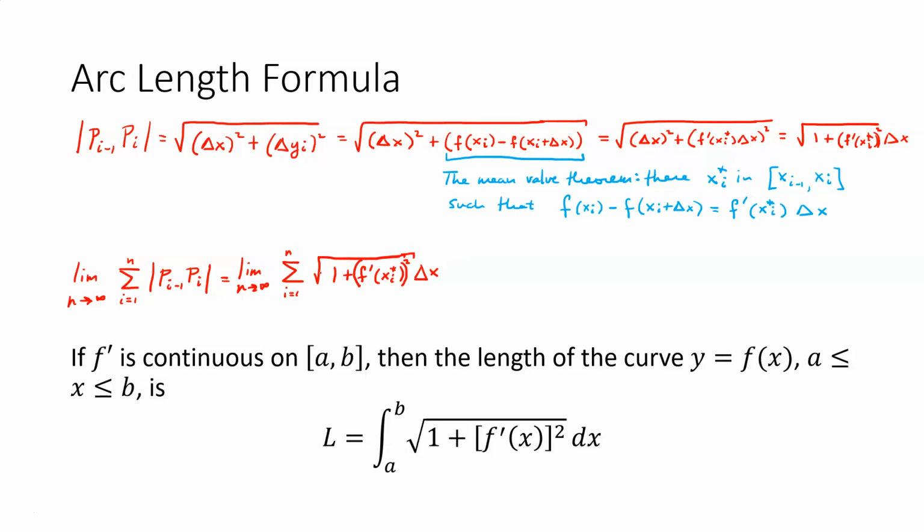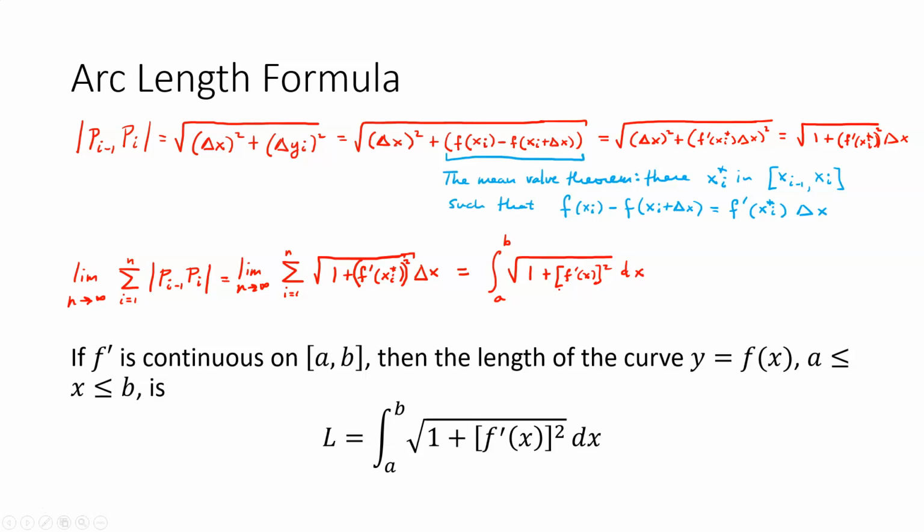So it's the Riemann sum of the function square root of 1 plus f prime of x squared on the interval from a to b. So this will converge to the integral from a to b of the square root of 1 plus f prime of x squared.